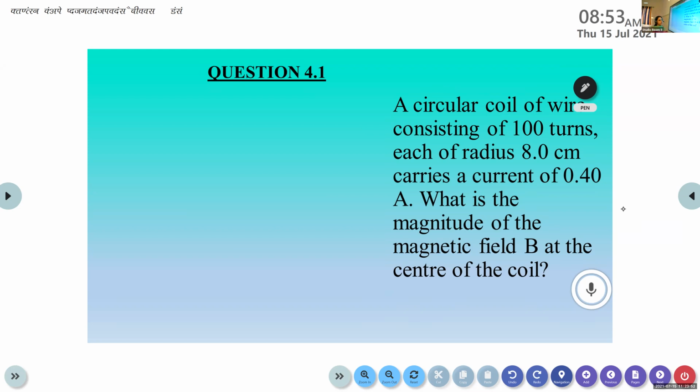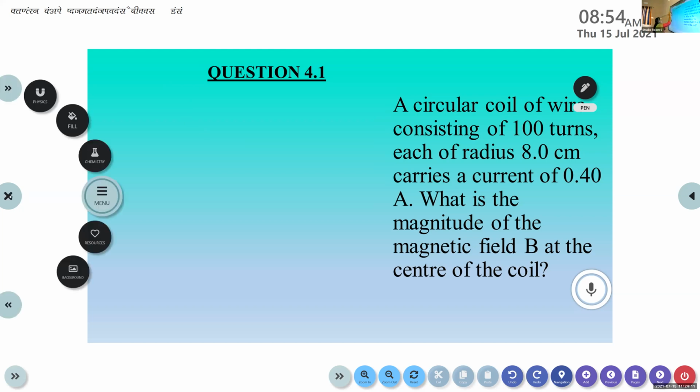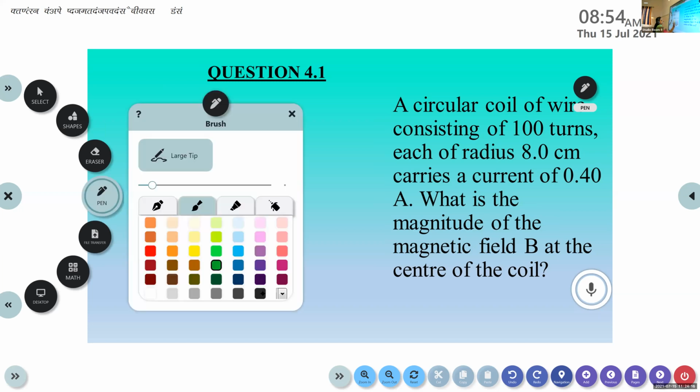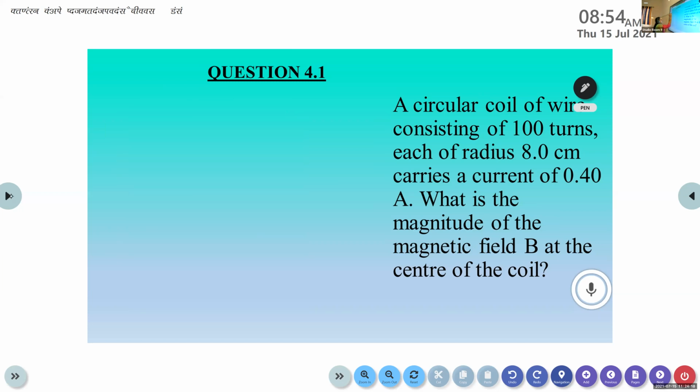First of all, you identify what parameters are provided in this question. The number of turns of the coil, capital N, is equal to 100.